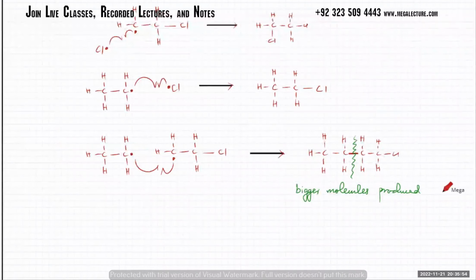So if it's a bigger molecule, if you have a 2-carbon atom molecule, starting off with a 2-carbon atom molecule, you're gonna get a 4-carbon atom molecule. You can't get a 3-carbon atom molecule. Okay, so it's always going to be a whole number ratio. It's going to be n times the number of carbon atoms in the original molecule.